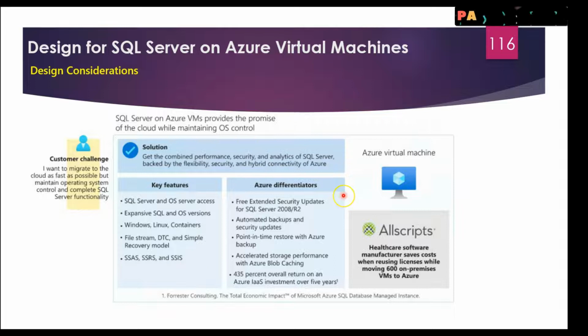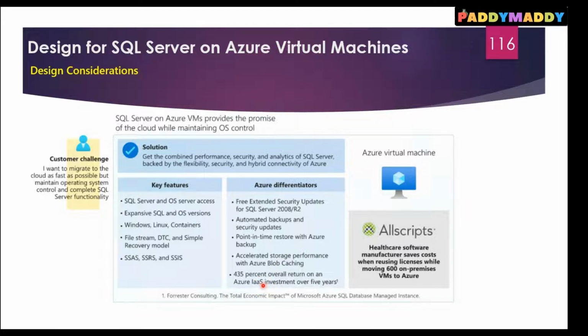Now, the Azure differentiators when we compare with other third-party cloud providers: you have free extended security updates for SQL Server if applications are running on 2008 and 2008 R2, fully automated backups and security updates, point-in-time restore with Azure Backup, and accelerated storage performance with Azure blob caching.